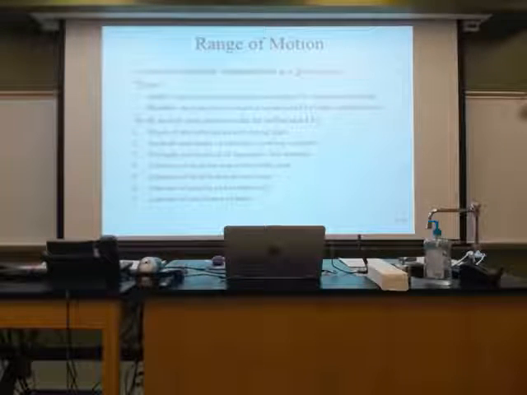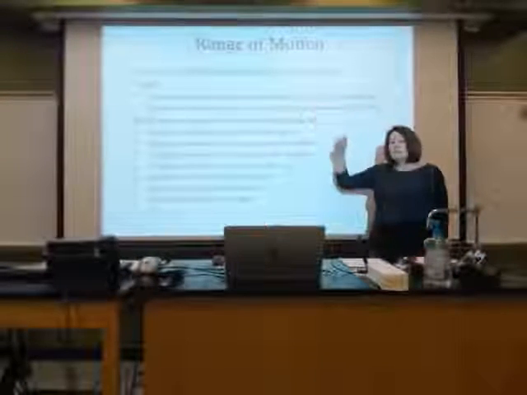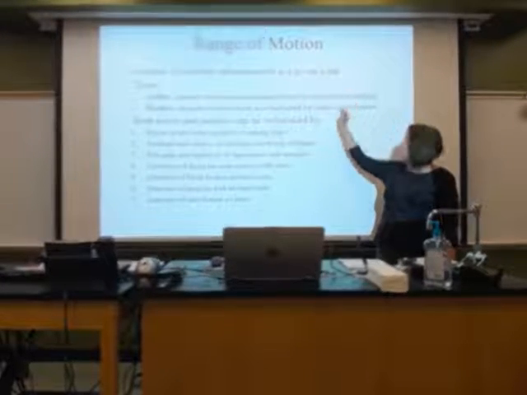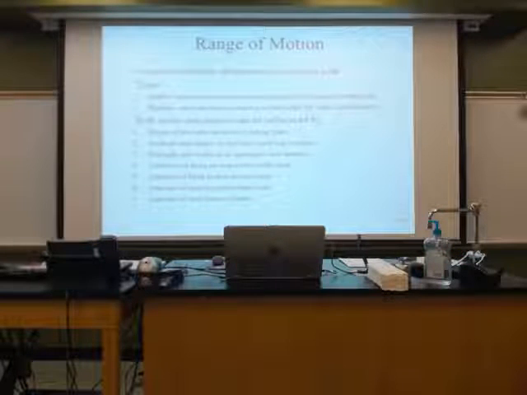When we look at the range of motion, we're going to say that we have active ROM or passive ROM. You would think that it's backwards based on what it's telling us. Active, the amount of movement accomplished by a muscle contraction, all right?